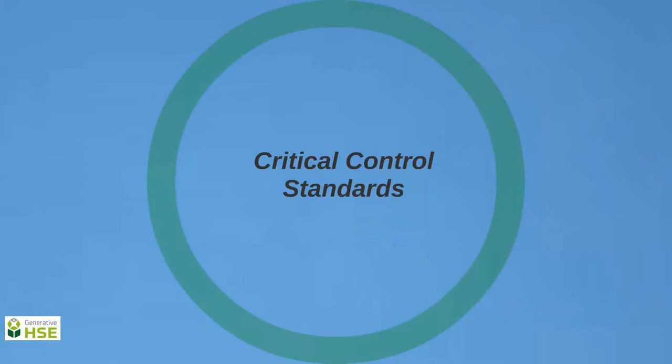And managers are responsible to ensure it's happening. So critical control standards are documents that exist for each critical control, so every critical control has to have one. They give the detail as to what the control is, how it works, how it's inspected or audited, the frequency of auditing, who it's reported to, how the faults in the control are recorded and reported, and who's responsible for each of the components.